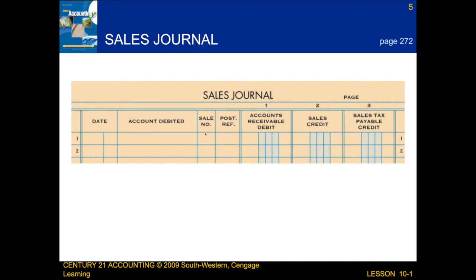This is where we'll put the sales invoice number. This is where we'll put the post reference. And then we'll record each amount in either the accounts receivable debit column, sales credit column, or sales tax payable credit column.